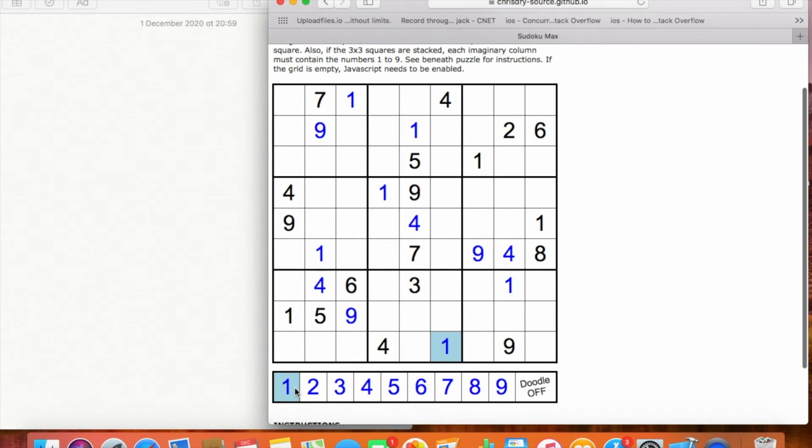And you have a 1 at every point of the compass, as it were.